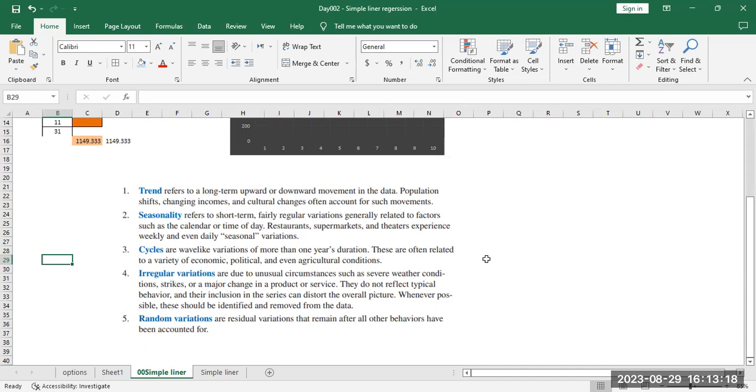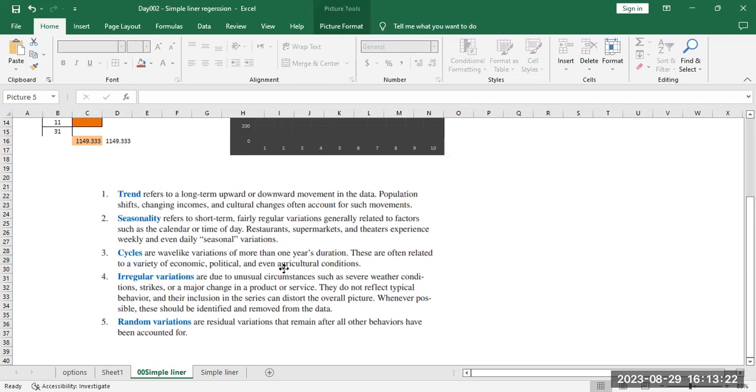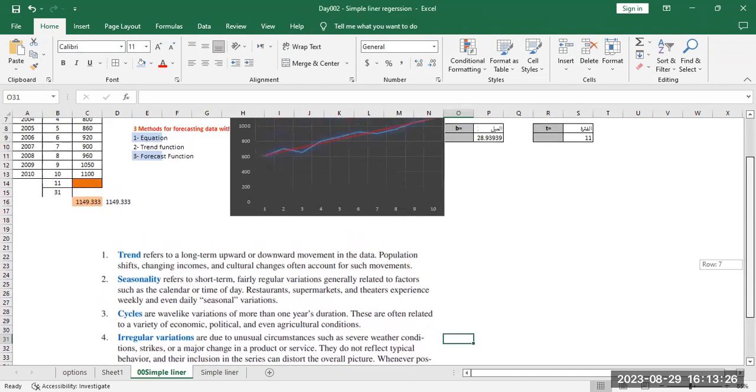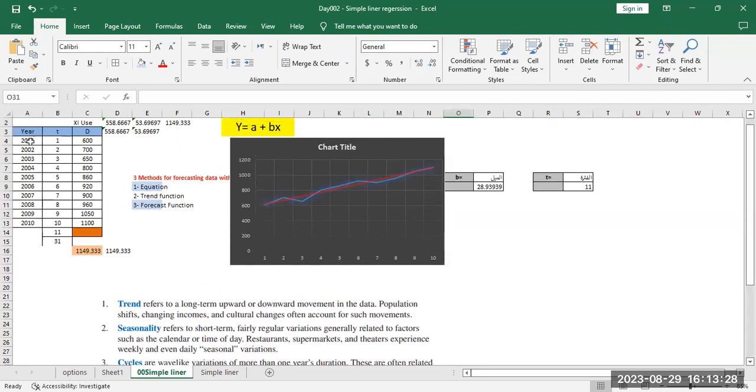In this very short video, we are talking about data with trend, which is very common in many industries. So if we have data with trend like this one, during recent years, for example, from 2001 till 2010, these are our recorded sales. We are selling cars, for example.